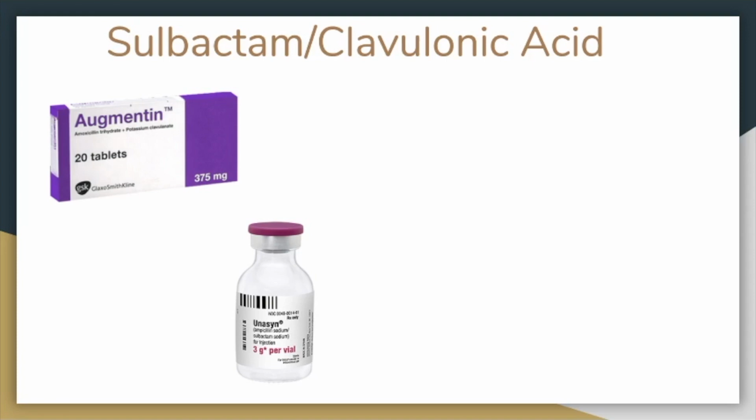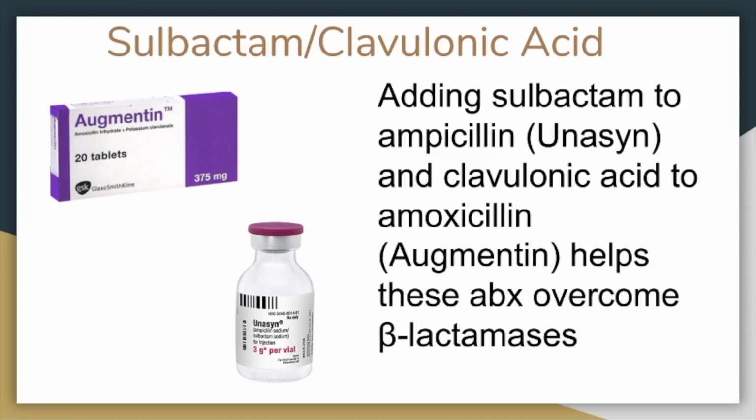And for ampicillin, you add sulbactam to make Unasyn, which is also the brand name. So adding these groups to the ampicillin and amoxicillin will make your new antibiotic beta-lactamase resistant. So this is just a little bit of text to support what I'm saying.